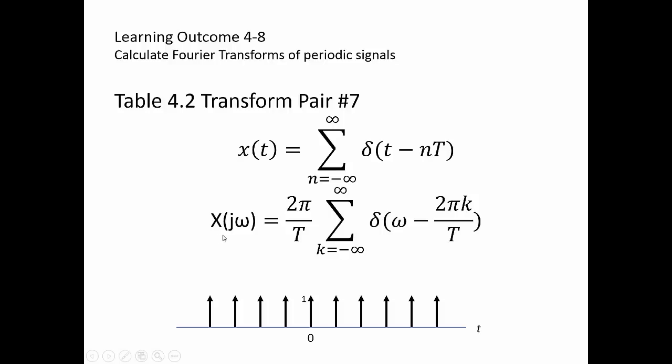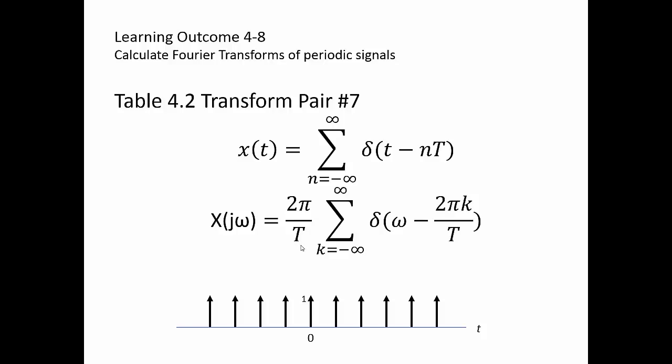And the Fourier transform of it is also going to be an infinite pulse train. Infinite number of impulses, but they're going to be located at 2 pi k over T, or instead of spacing them at 0, T, 2T, 3T, they're going to be at 0, 2 pi over T, 4 pi over T, 6 pi over T, 8 pi over T, negative 2 pi over T, negative 4 pi over T, etc. And instead of having an area of 1, they'll have an area of 2 pi over capital T. Draw it out.